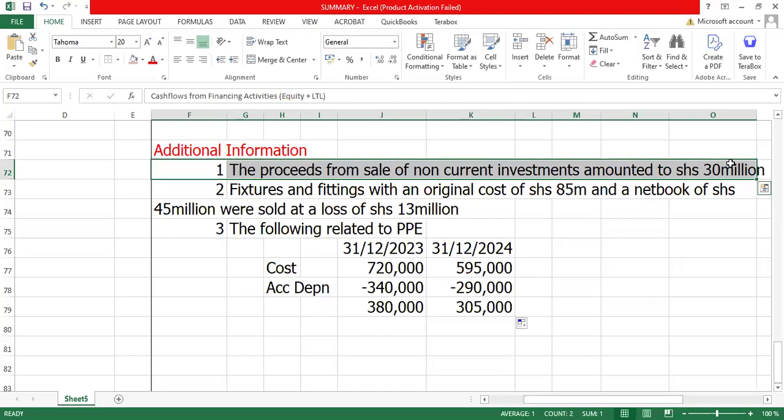I was saying the proceeds from sale of a non-current investment can be treated as an investment activity.